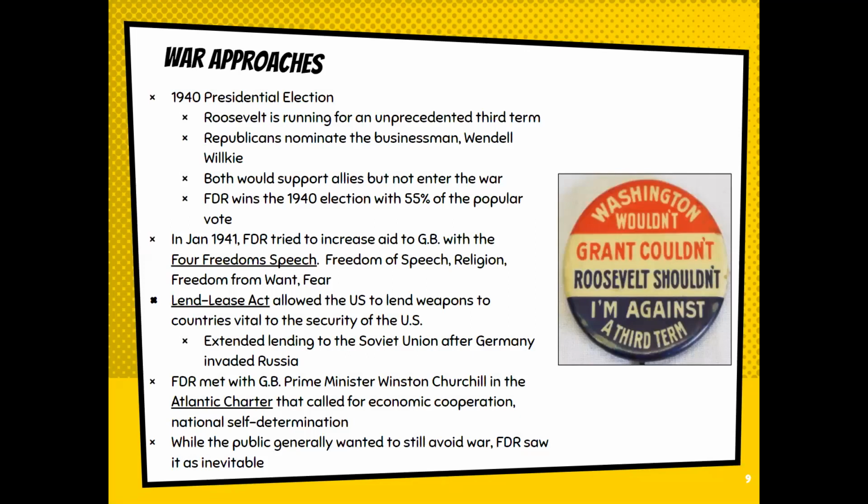Amidst all of this, in 1940, Roosevelt runs for an unprecedented third term. Both want to support allies, both him and Wendell Willkie, the Republican, but neither want to enter the war. And FDR wins this third election.